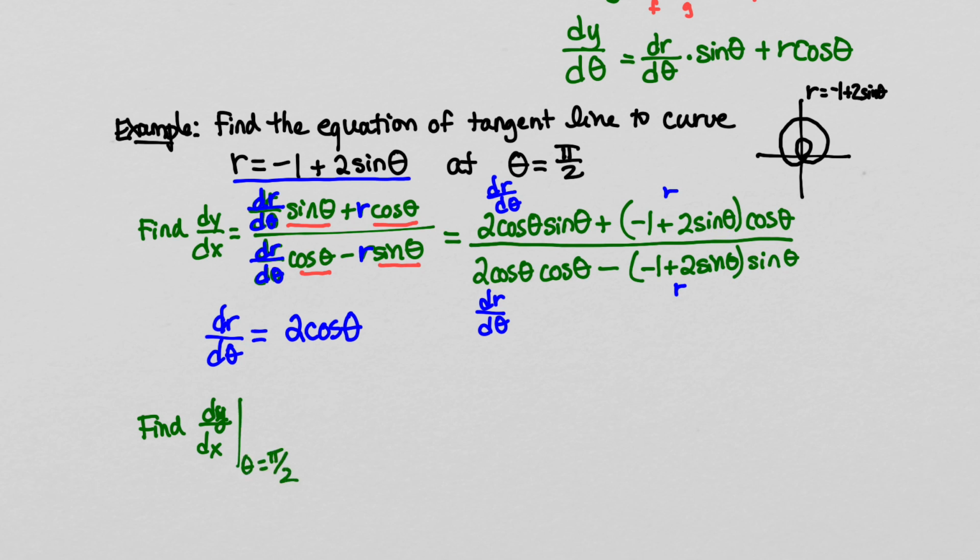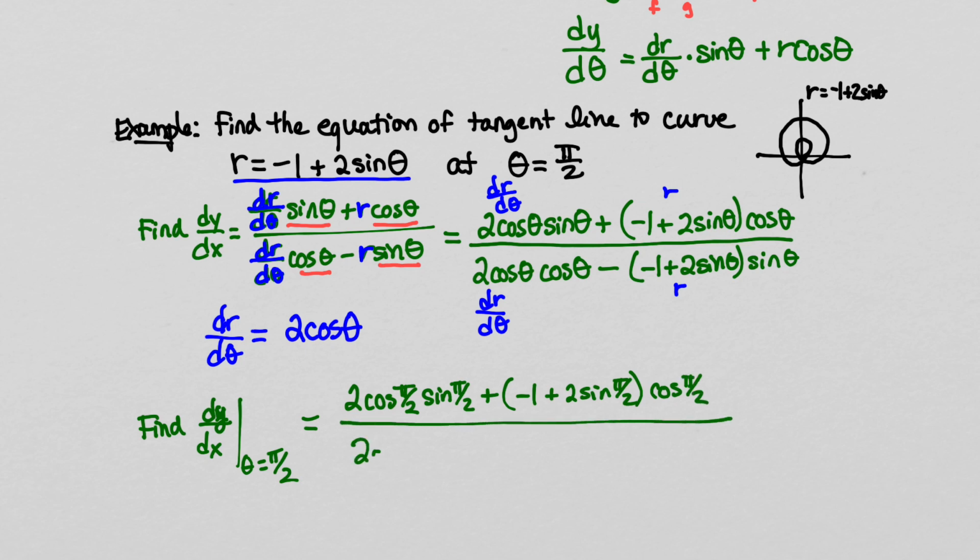So we could just plug pi over 2 now into that derivative. That's going to give us 2 times the cosine of pi over 2 times the sine of pi over 2 plus negative 1 plus 2 sine pi over 2 cos pi over 2, all over 2 cos pi over 2 cos pi over 2. Like I said, you could use a bunch of trigonometric identities and simplify this down.